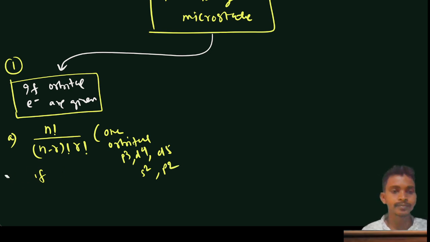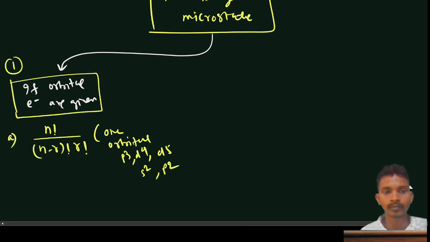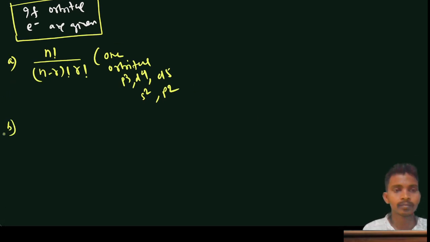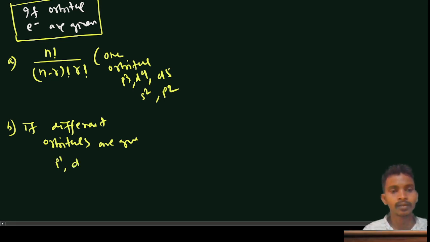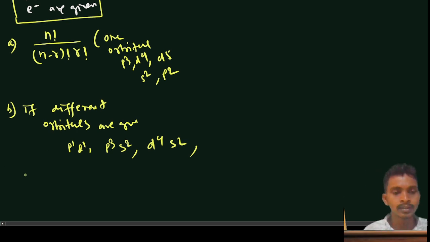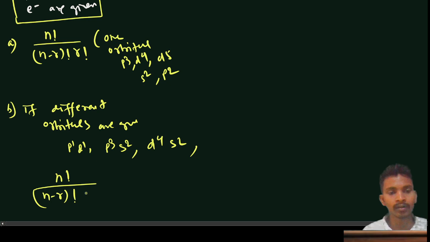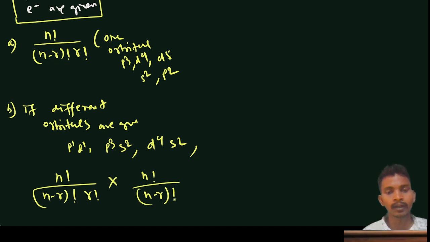Okay, and if different orbitals are given, like p1, d1, p3, s2, d4, s2, like that, then for that the total number of microstates formula will be n factorial over n minus r factorial into r factorial, multiplied by another n factorial over n minus r factorial into r factorial.